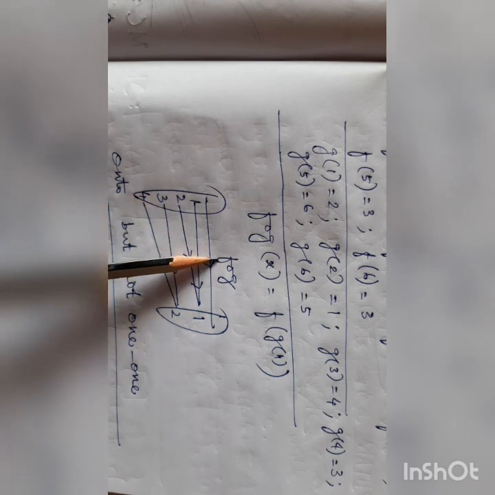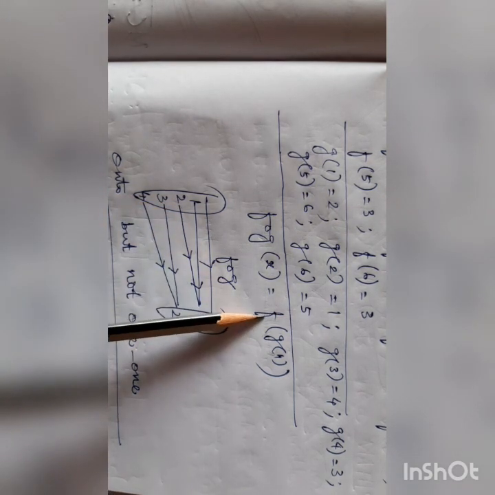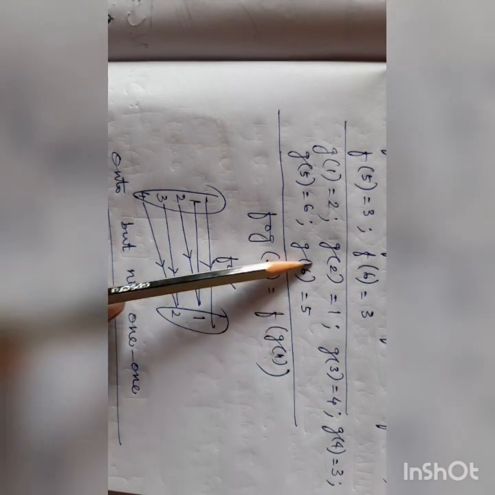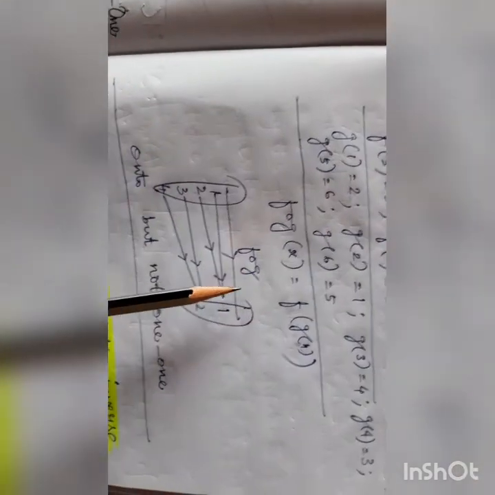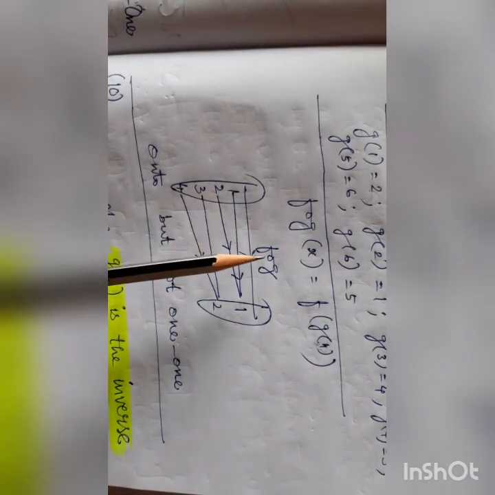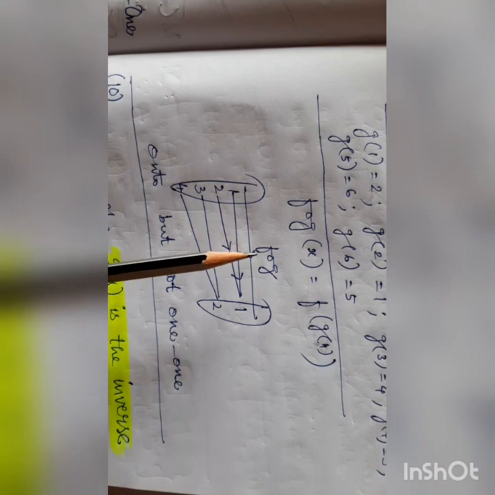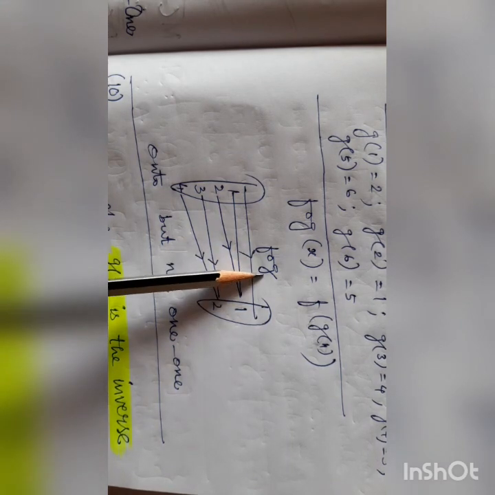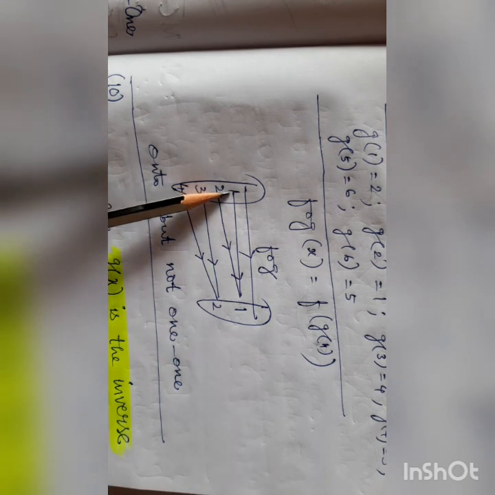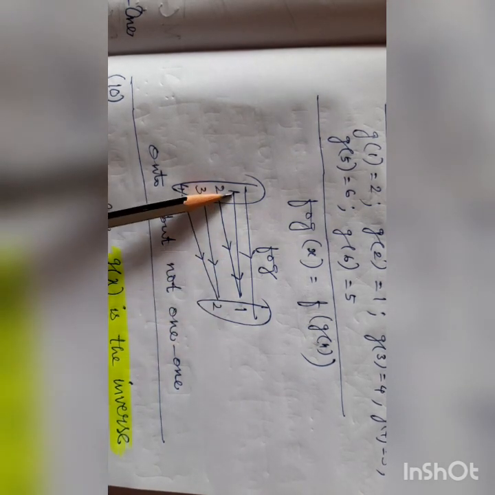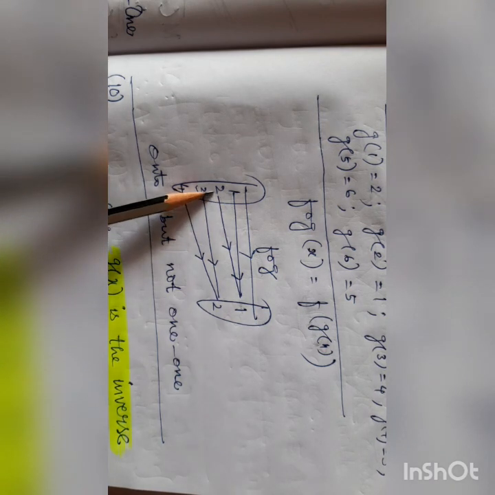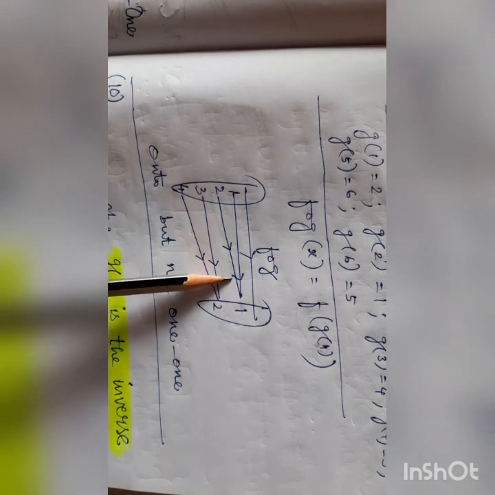Next, f of g of 2: g of 2 is 1, so f of 1 is 1. So in the composition, if you take natural number 1, you get 1. If you take 2, 2 also we can associate with 1.